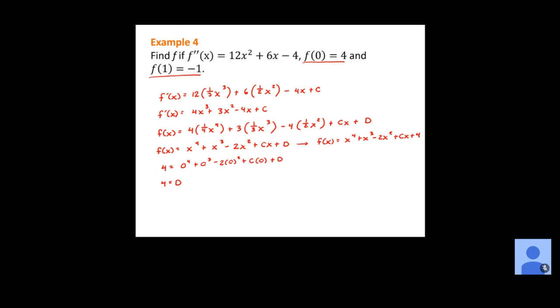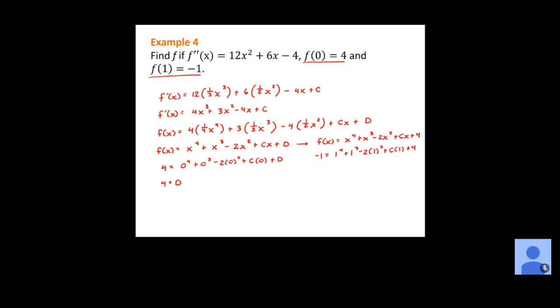So what's our f of x value going to be this time? -1, good. And our x value is going to be what? +1. So now we have 1 to the fourth plus 1 cubed minus 2 times 1 squared plus c times 1 plus 4.